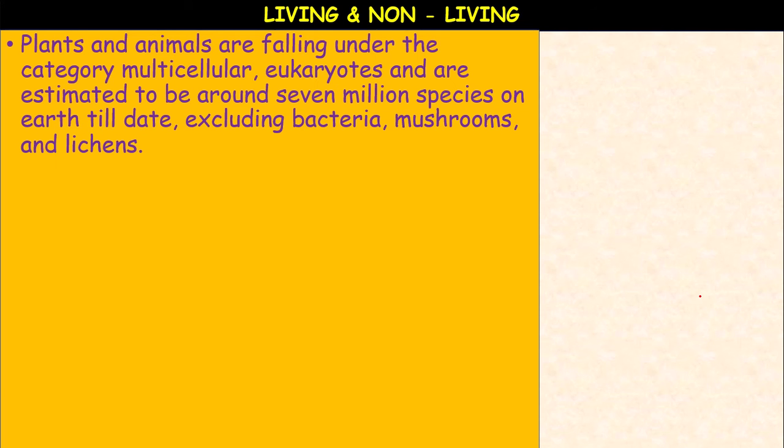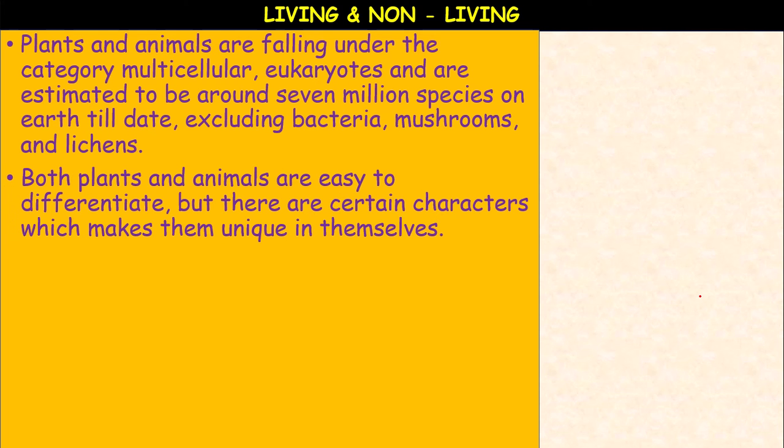We are excluding bacteria, because bacteria are unicellular. Mushrooms are multicellular, and lichens are the group which is a combination of algae and fungi, which you will study in higher classes.